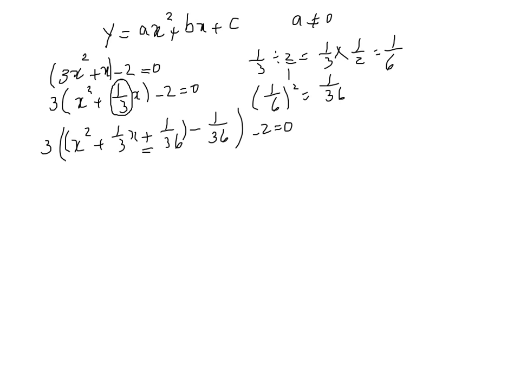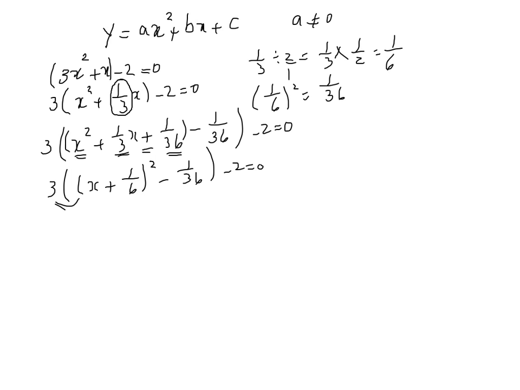X squared plus 1 over 3 x plus 1 over 36 can be written as a perfect square, which is x plus 1 over 6 squared. If you expand it, x squared is going to be the first term, 1 over 6 squared is 1 over 36, and then 2 times 1 over 6 times x gives you 1 over 3. So this one is correct. Minus 1 over 36 minus 2 is equal to 0.